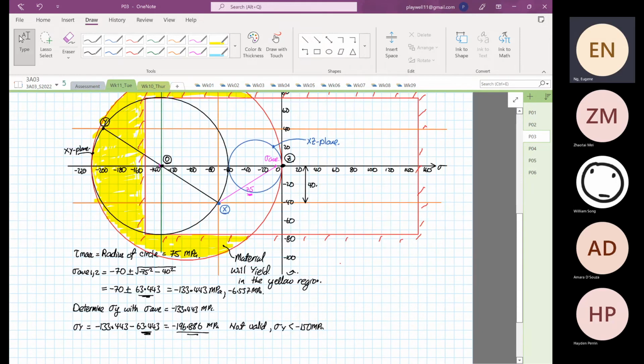So for this reason, the value of 196.886 is not valid.